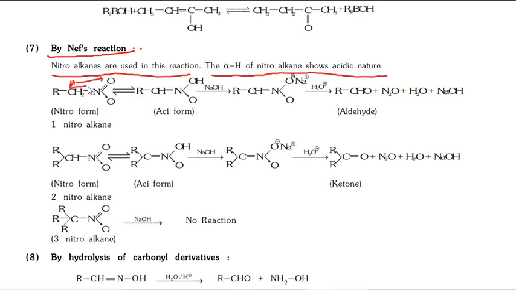See the mechanism here: the sigma bond is shifted here, this pi bond is shifted here, so oxygen gets a negative charge, this hydrogen is shifted to oxygen. This is the aci form. This is similar to keto-enol tautomerism.